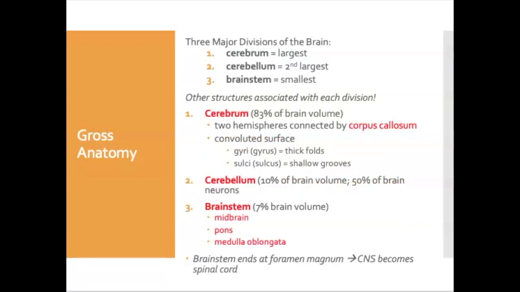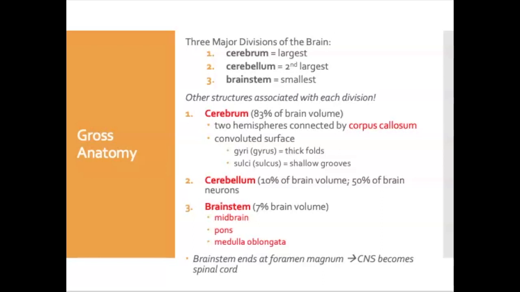So we can easily identify the regions of gray matter and white matter in the brain. We can also easily identify very grossly visible regions of the brain. The cerebrum, for example. This is the largest region of the brain. There's also a region towards the back of the brain that we call the cerebellum.